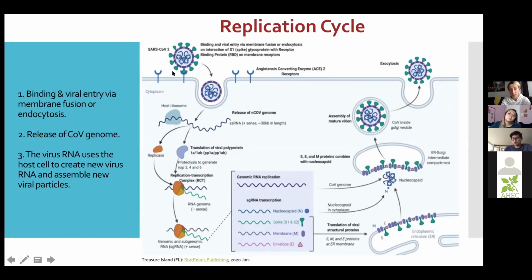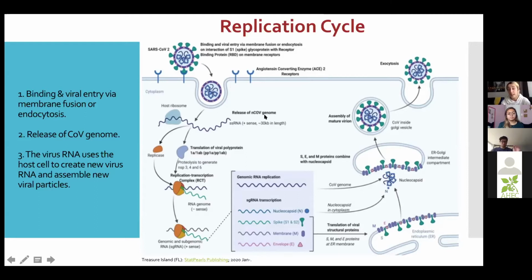If you see here, the S protein spikes attach to the ACE2 receptors on a host cell. This allows the virus to hijack our cell and enter inside the cell.